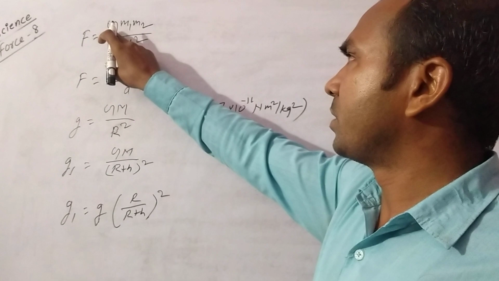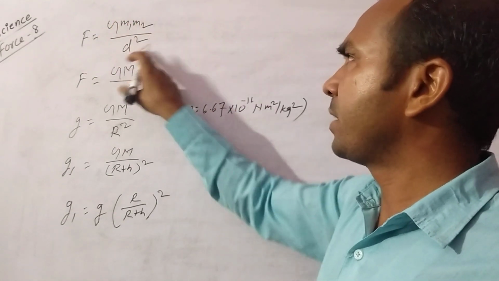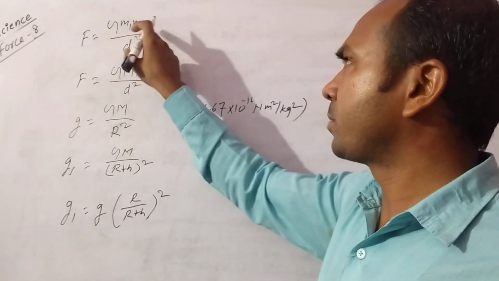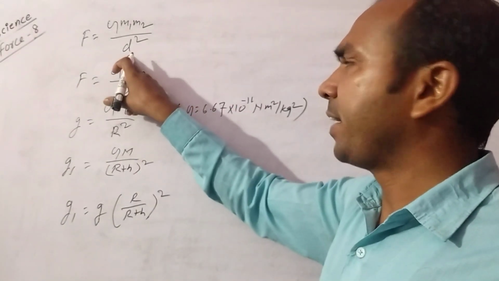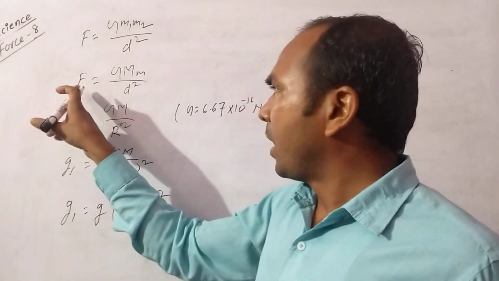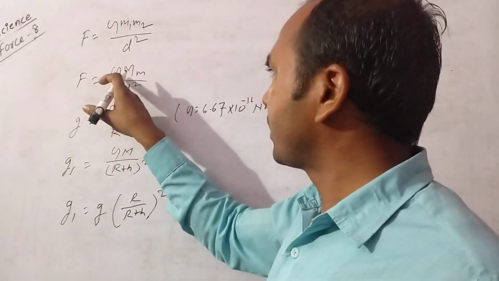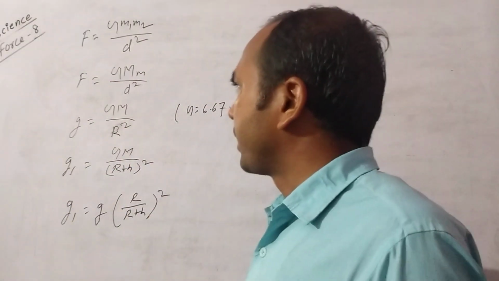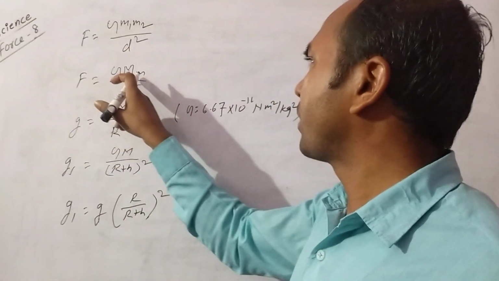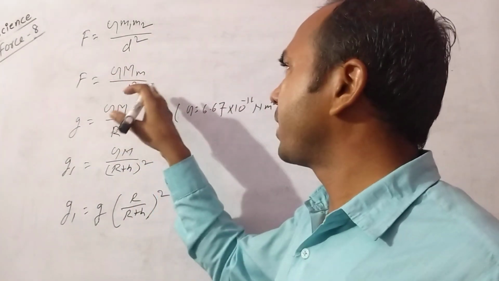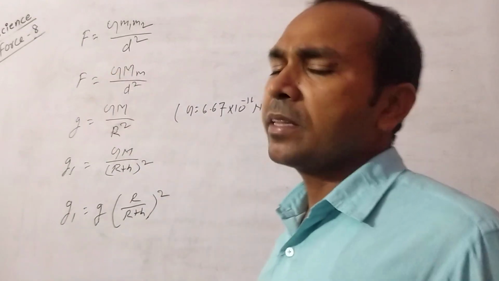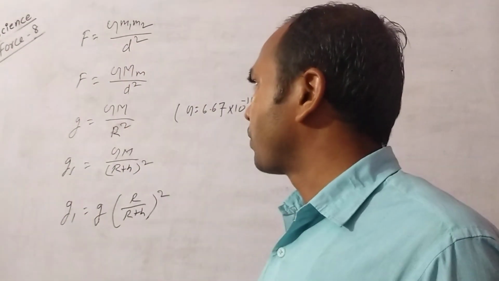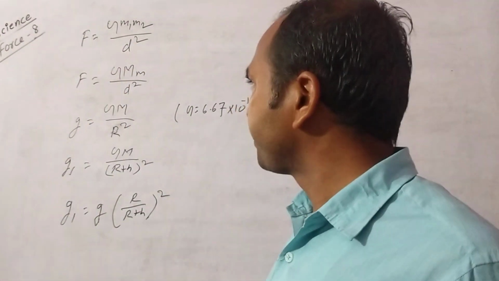Here F is equal to G m1 m2 by d square, where G is the universal gravitational constant, m1 is the mass of the first body, m2 is the mass of the second body, and d is the separation between them. When we have to calculate the gravitational force between two bodies, where one is a heavenly body and another is a small body, then capital M is the mass of the heavenly body, small m is the mass of the small body, and d is the separation between them.